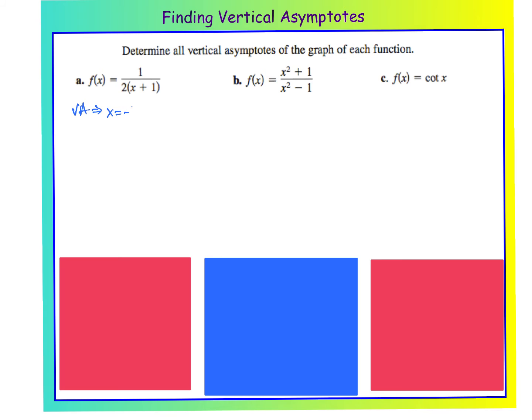X equals negative 1. All right. Because I get a number over 0 when I substitute a negative 1, right? All right. So now I want to do a limit as x approaches negative 1 from the left. And I want to do a limit as x approaches negative 1 from the right.